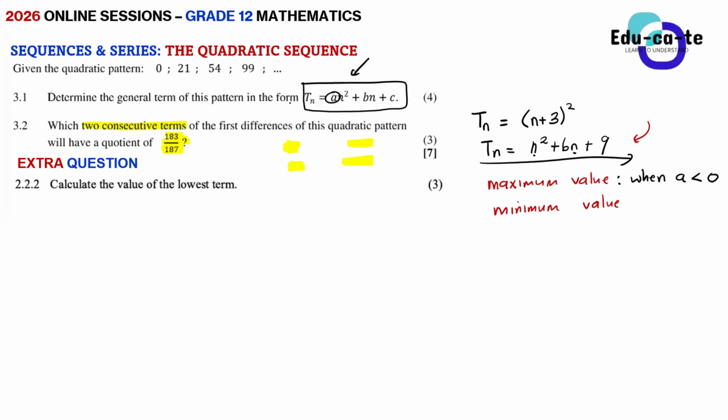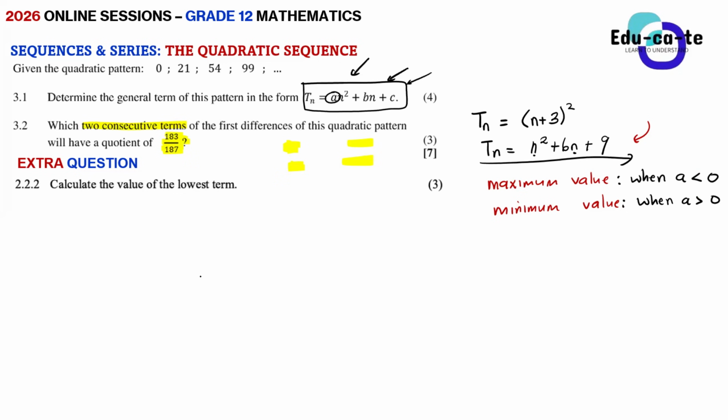But you are going to have a minimum value when a is positive. Do you kind of hear what I'm saying? Yes. So can you please repeat?